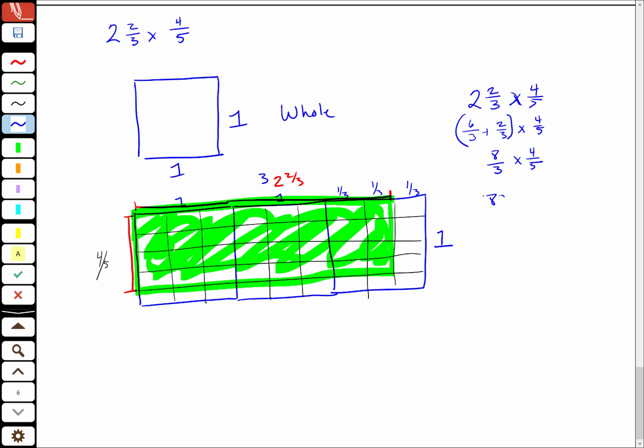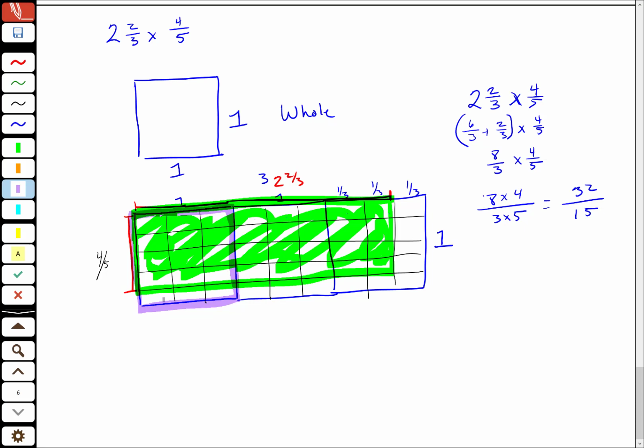So across the top I should have 32 total shaded green squares, or 8 columns times 4 rows. Do y'all see that? And then 15 is the total number of squares in a single box, right? Not in this whole thing, but in this purple box that I have just outlined, right?